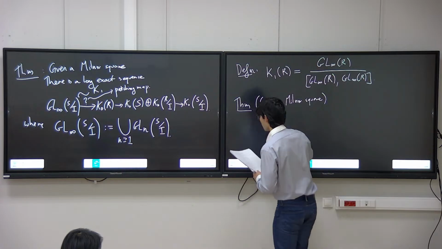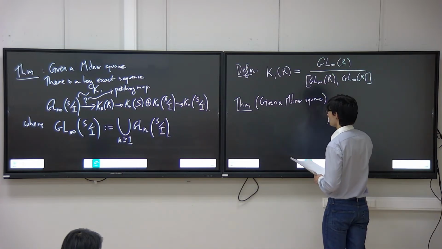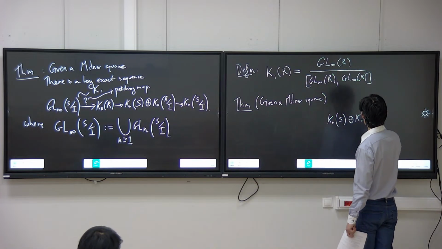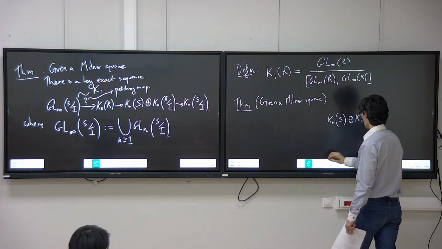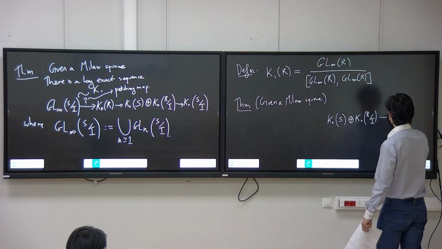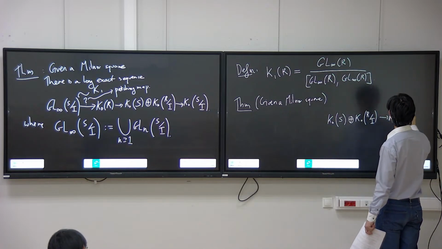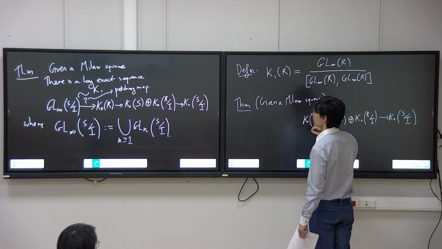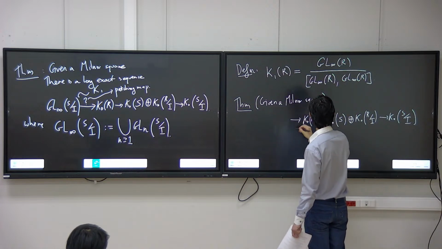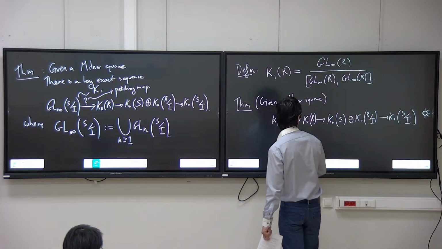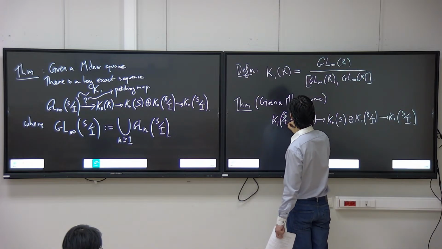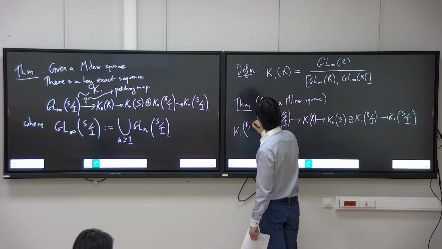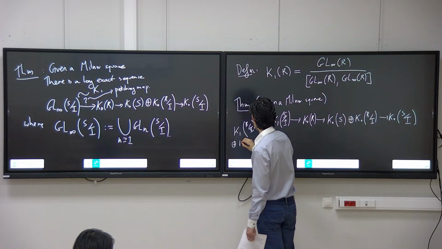Well, so we have K naught of S plus K naught of R over I maps to K naught of S over I, K naught of R. Okay, and this sequence extends using K1 now, as one kind of expects.